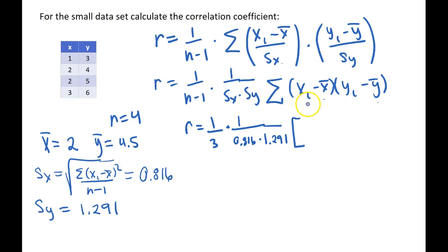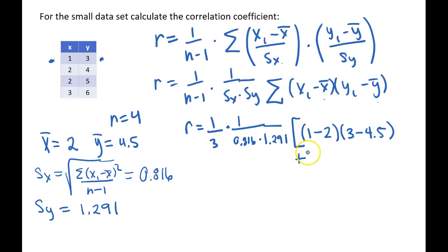In this example, the first observation is 1 and 3, so that's the first pair. That's going to be 1 minus the mean of 2 for the x's, times its paired value of y, 3, minus the mean for the y's, which is 4.5.